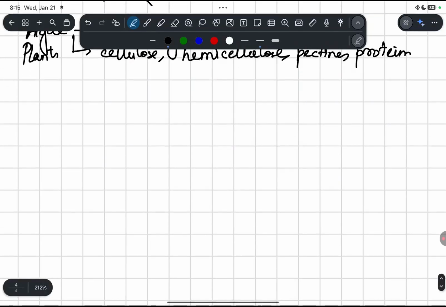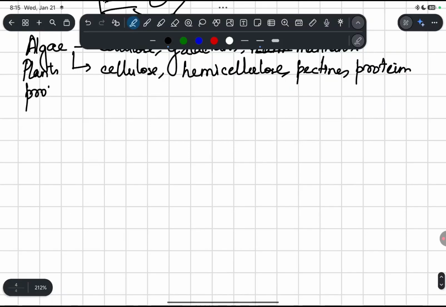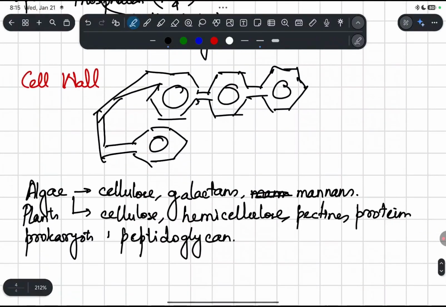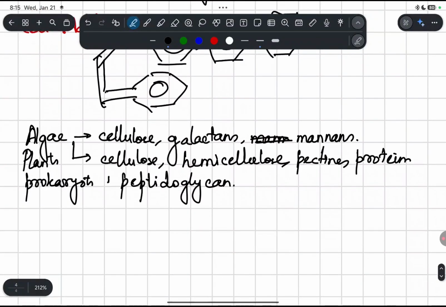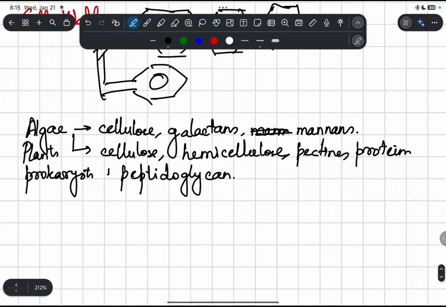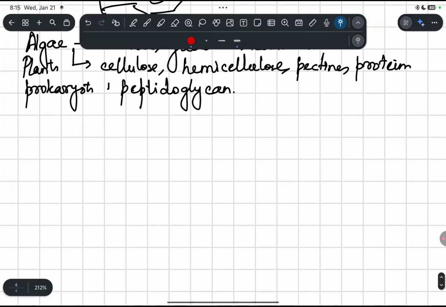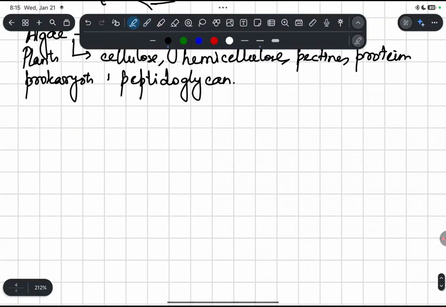In case of prokaryotes, peptidoglycan is present, right? These are the compositions of cell walls of different organisms. There was a previous mains question regarding this composition, so these things become very important from that perspective. So now let's come to mitochondria.